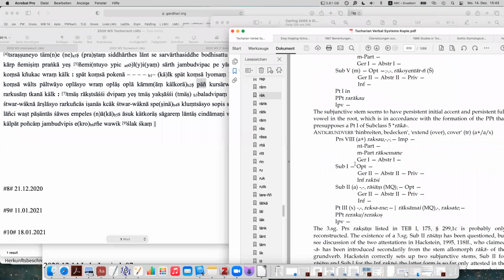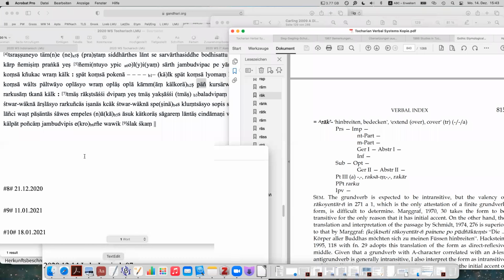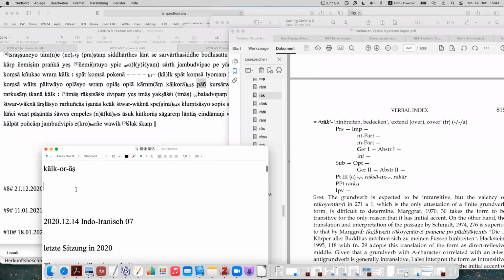This is B, and in A it is called look. So the preterite participle is called larku. So the root is called look. Look means actually cover. And then the PPT, participle preterite, is called larku.